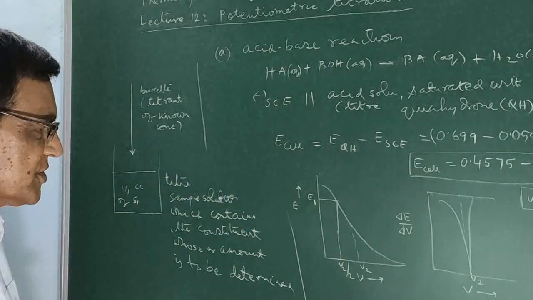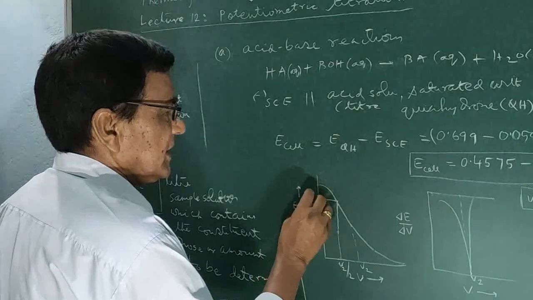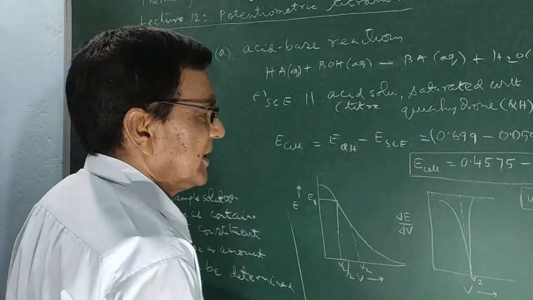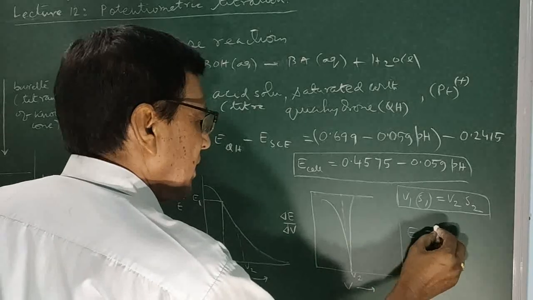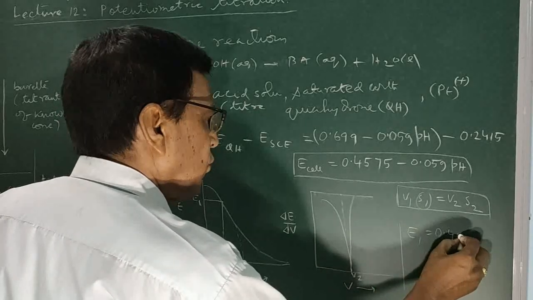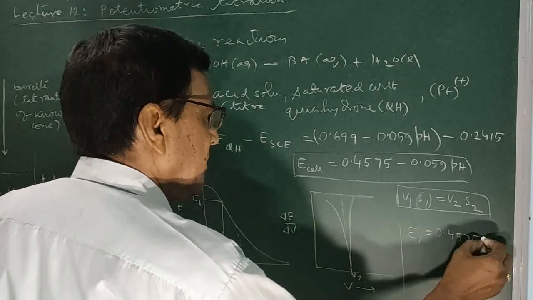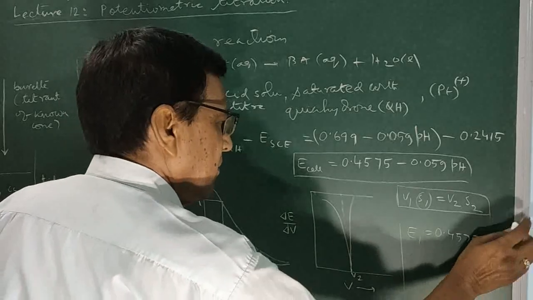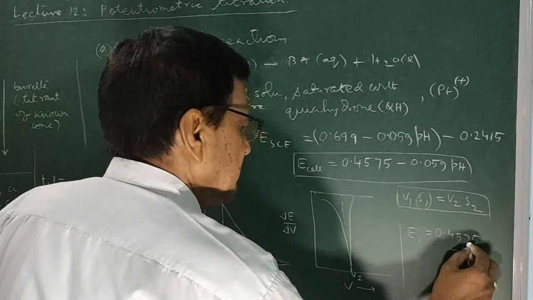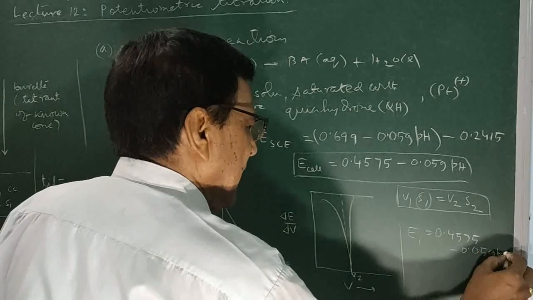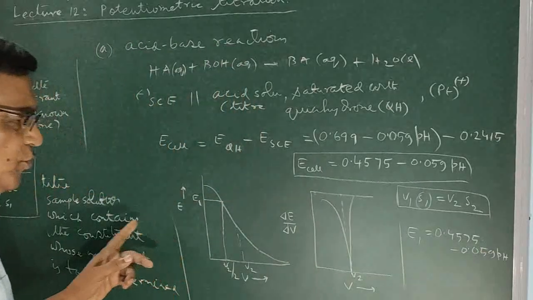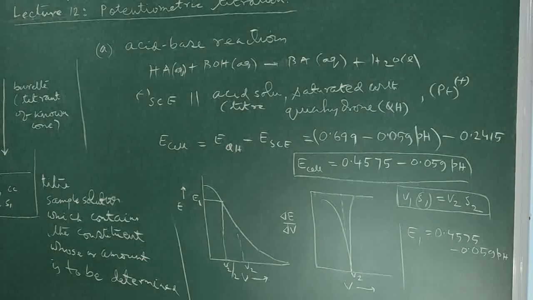From this E1, we can put E1 equal to 0.4575 minus 0.059 pH, and this is the pH of the weak acid at which it is half neutralized.